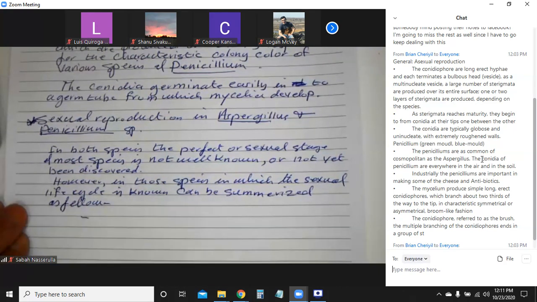The first thing to mention, of course, is the sex organs, which we call antheridia and ascogonia, as male and female respectively.